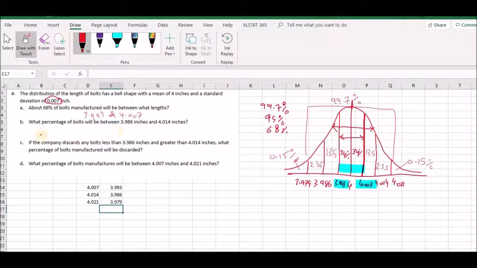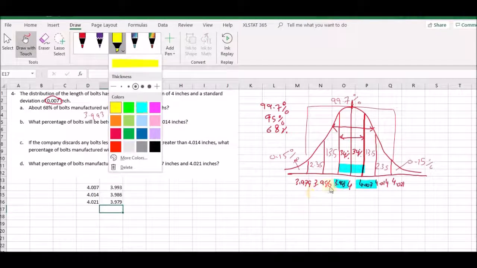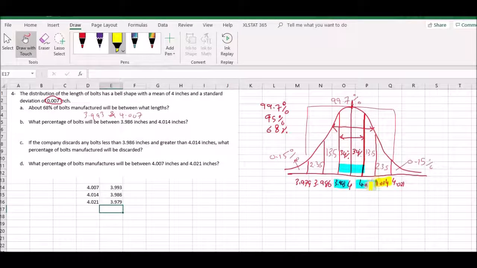And then to answer the second question, what percentage of bolts will be between 3.986 and 4.014? I know that 4.014 is right here, and 3.986 is right here. So we're talking about all of this area between those two numbers right here.